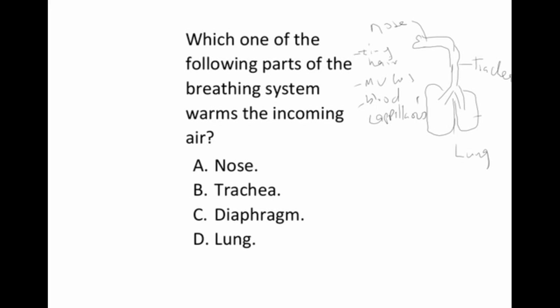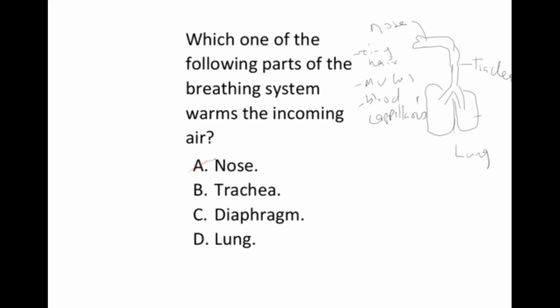The mucus does the work of moistening the air, and then we have the blood capillaries that do the work of warming the air that we breathe in. So according to our question, it is asking which part in the breathing system warms the incoming air. The incoming air is usually warmed in the nose. It is warmed in the nose.